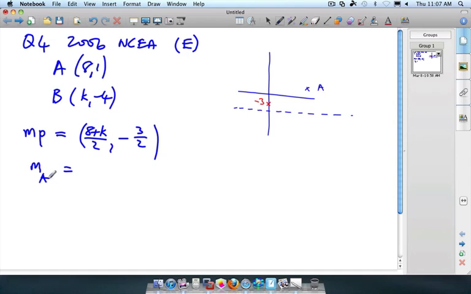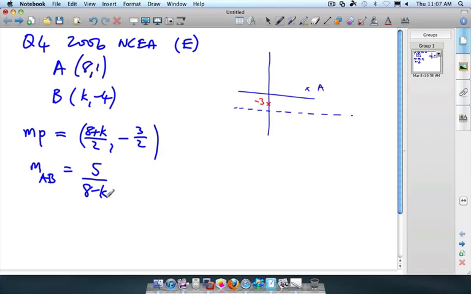Gradient of AB is that take away that, which is 5 or minus 5, depending on which way round you do it, over 8 minus k. Rise over run.